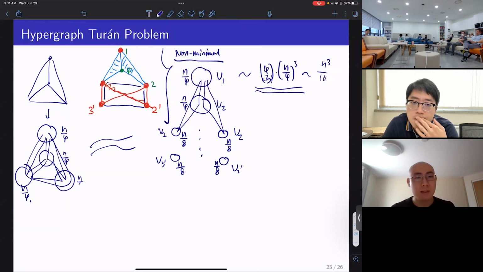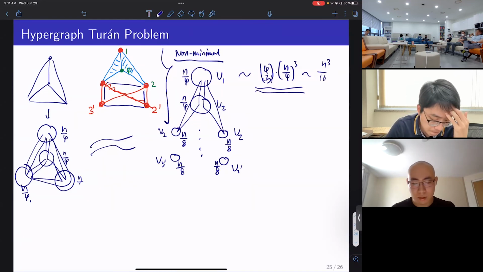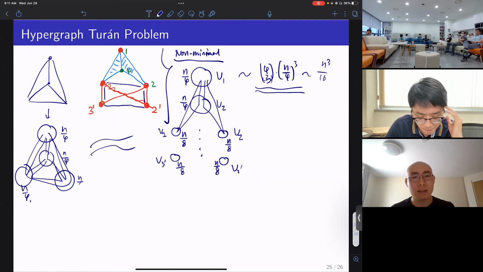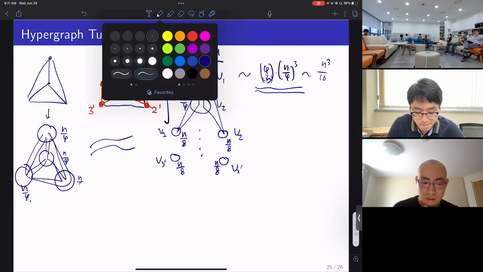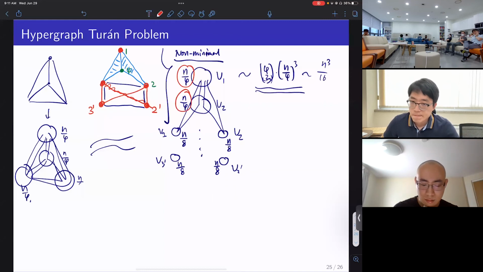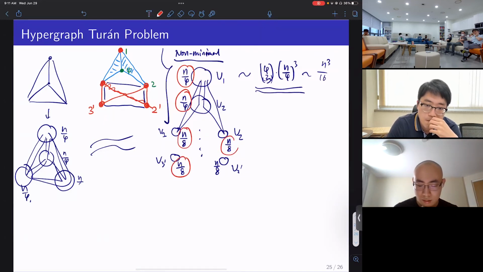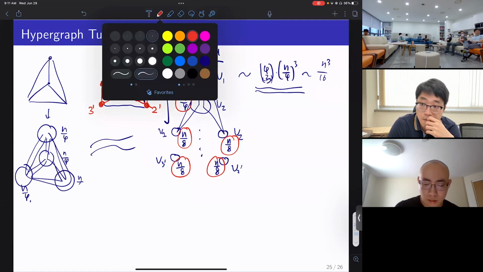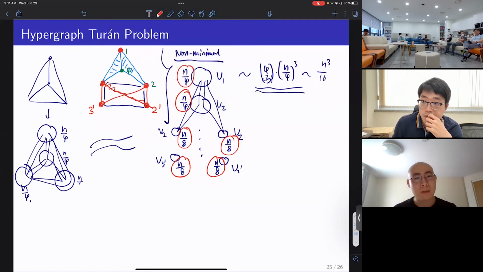This is what happened for this 6-vertex graph. After you blow up in the following way, you get this many edges. But the structure is still unique because the numbers you're choosing are unique. So non-minimal means you can blow up in other ways to get the same number of edges.